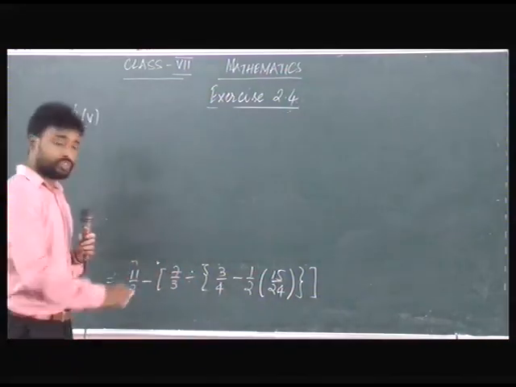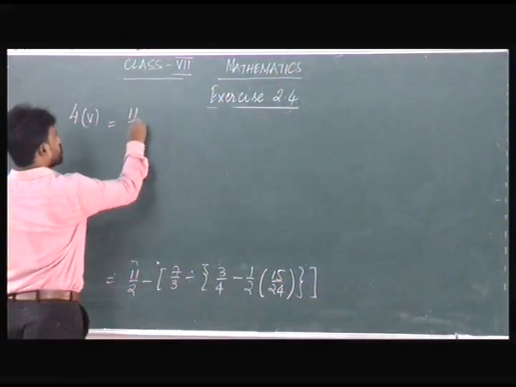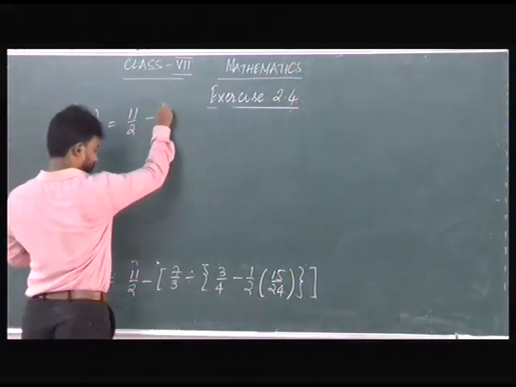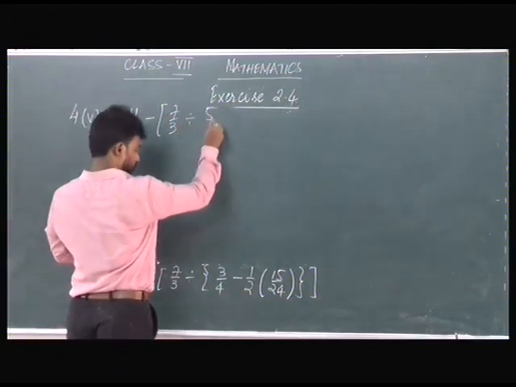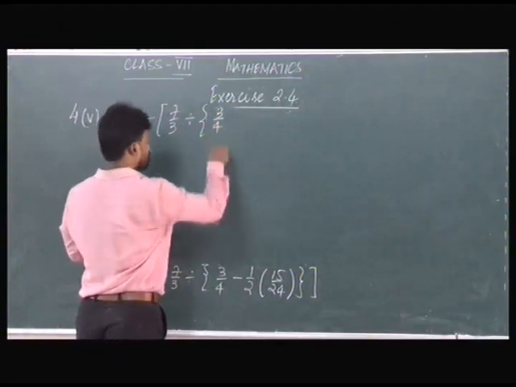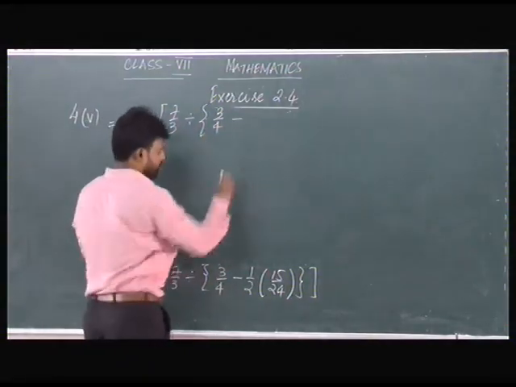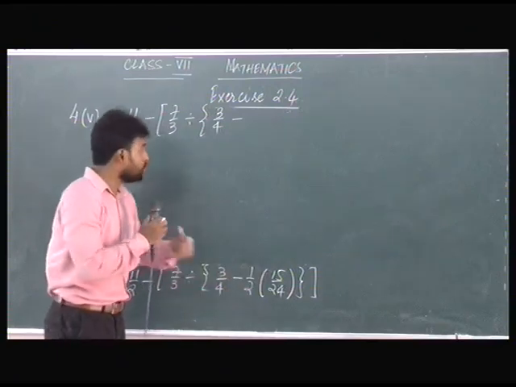So this is what we have till now. Now this has to be multiplied. 1 into 15, 15, 2 into 24 is 48.